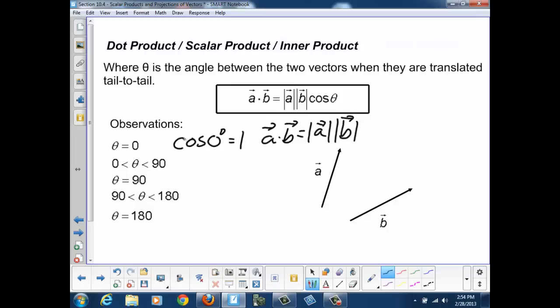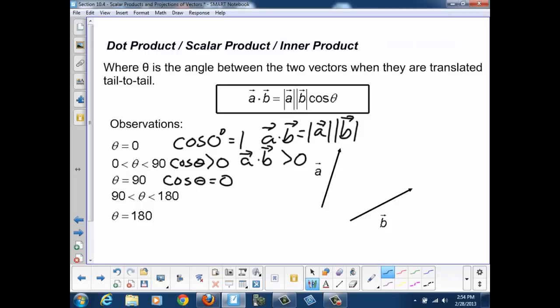Now, if theta is between 0 and 90 degrees, that puts us in the first quadrant, and we recognize that the cosine of theta in the first quadrant is positive. So cosine theta is greater than 0, which means that my dot product would also be greater than 0. Now at 90 degrees, the cosine of theta is equal to 0.